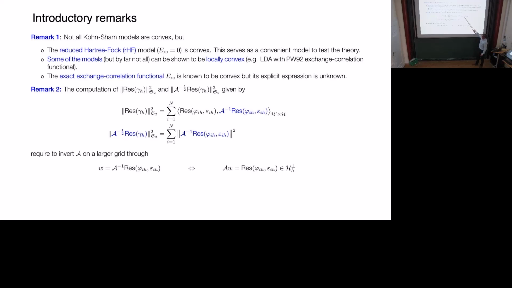So this is a big issue because this a priori is in an infinite dimensional space. You can write it like this, and this is in the perp of the discretization space.